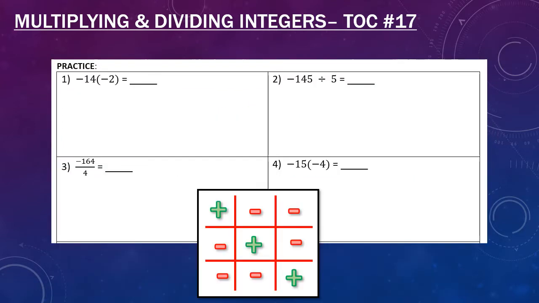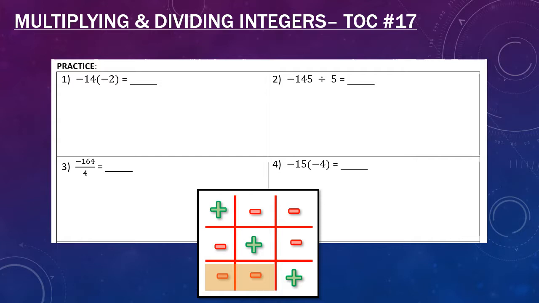Let's look at the bottom, and I've redrawn the tic-tac-toe board that's up above, and I'm going to be using a highlighter to show you what to do. You do not have to highlight your paper as I do it, but I'm just using this to show you how we use this tool. Number 1, we have a negative times a negative. So I highlight negative times negative going across the bottom.